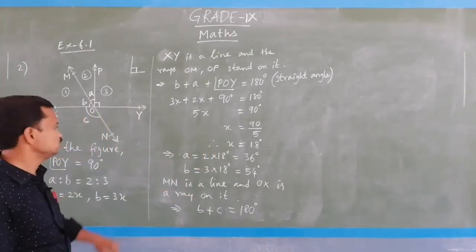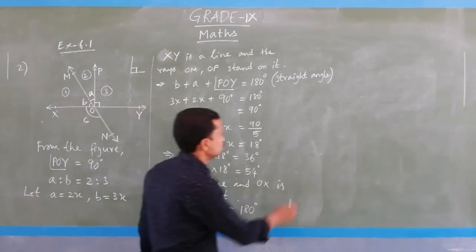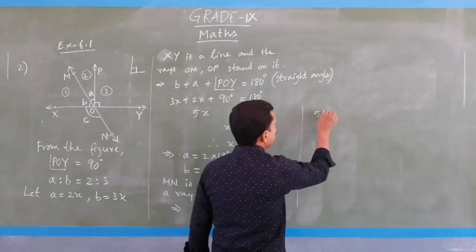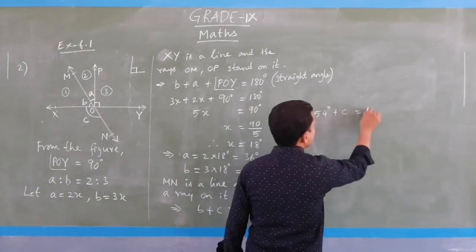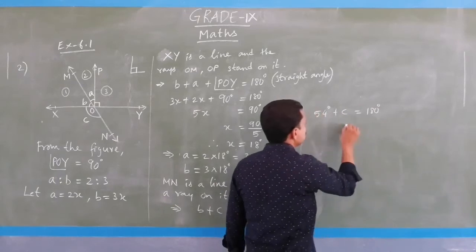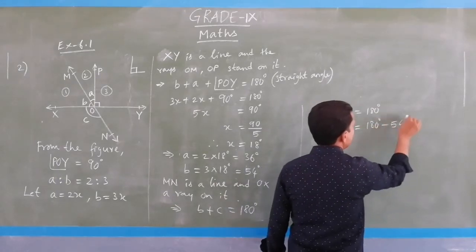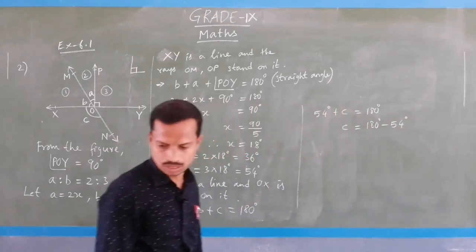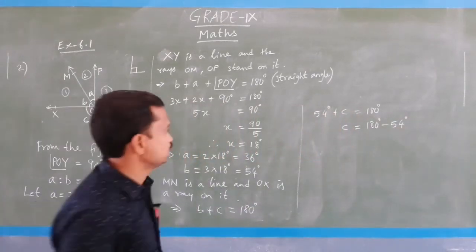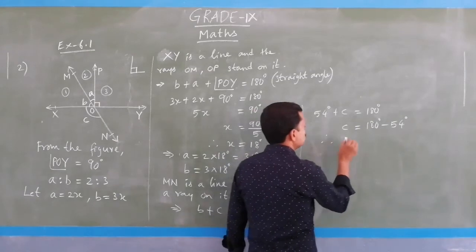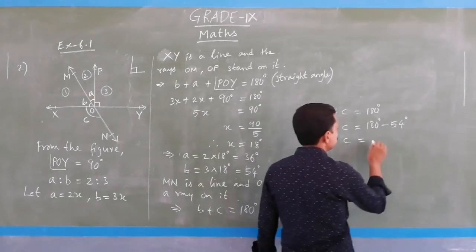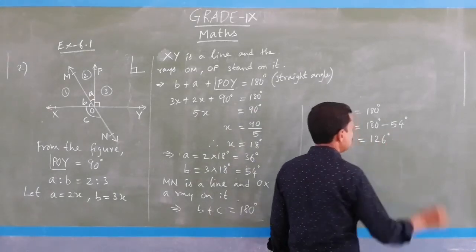And now what is B? 54. So, we can have here 54 degrees plus C equal to 180 degrees. Therefore, C equals 180 degrees minus 54. 180 minus 54 is 126 degrees.